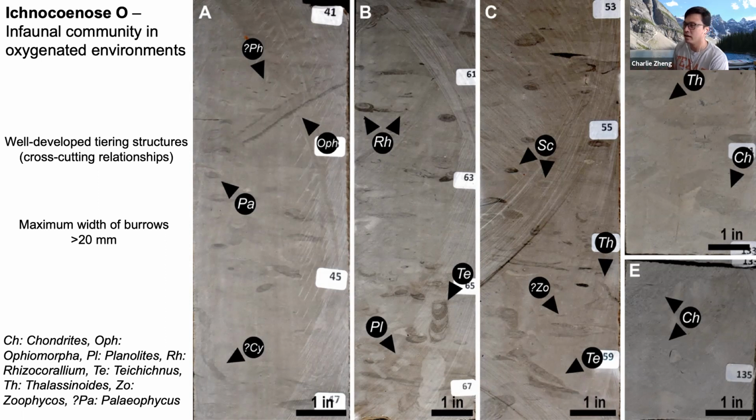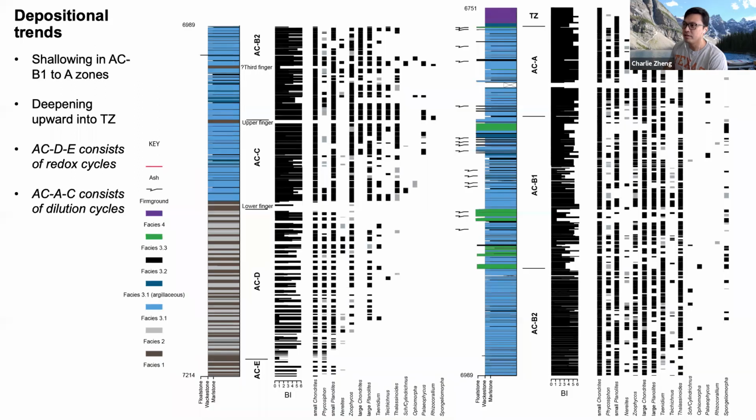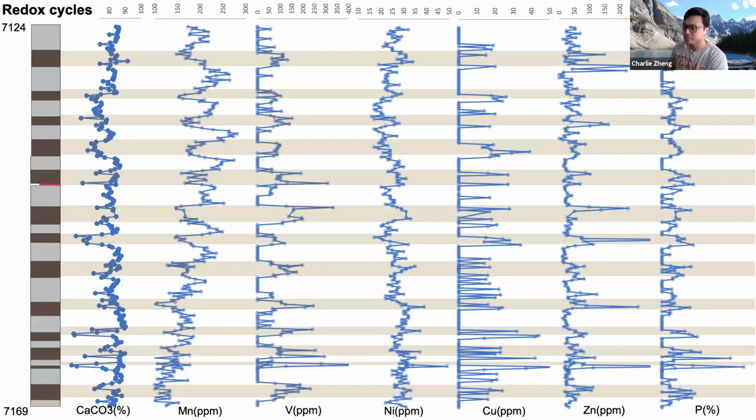Given long enough time, all the sediment will be churned by Chondrites. So this is for sure the deepest tier. And the shallower tiers, like these Ophiomorpha or the Palaeophycus, are rarer and also poorly preserved. It's likely because they are continuously being cross-cut by deeper tier traces. So that's why we see differences in occurrence or preservation in different types of trace fossils. That's all linked to this tiering diagram.